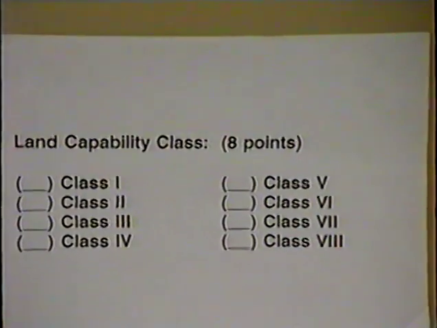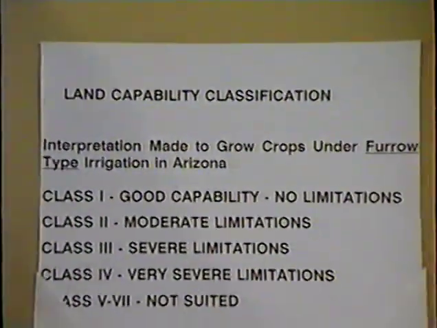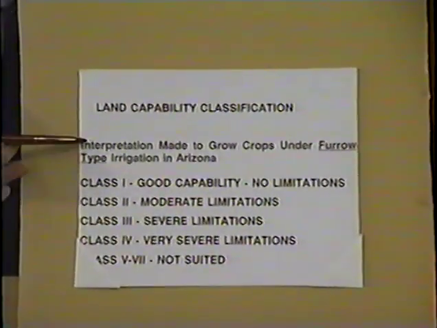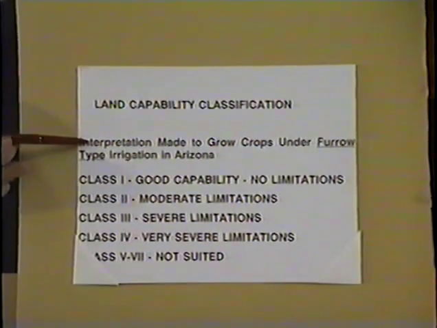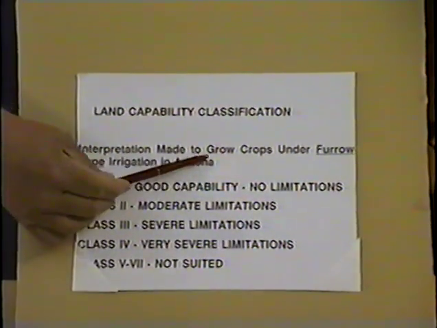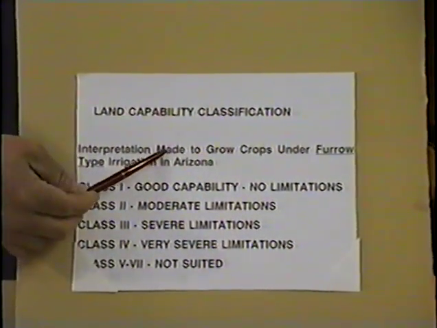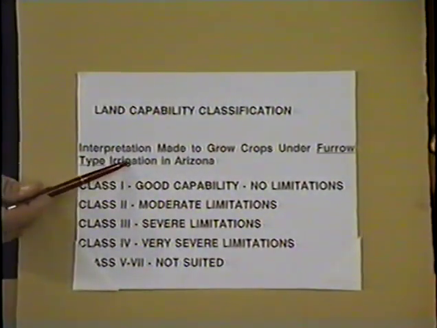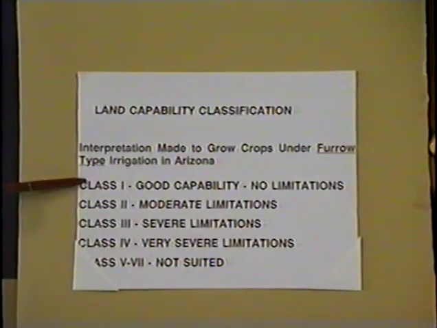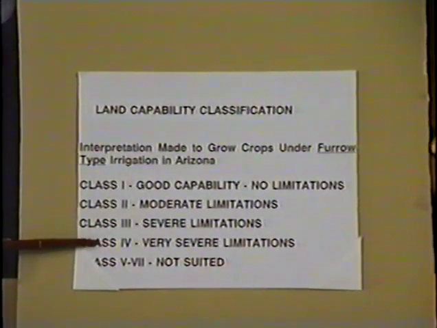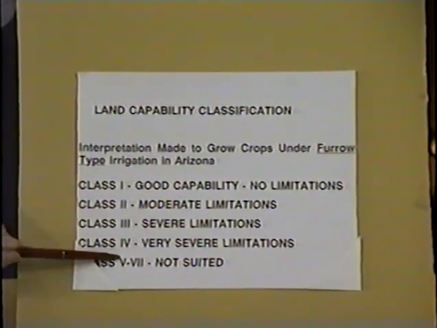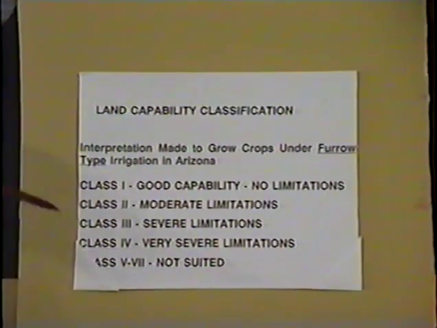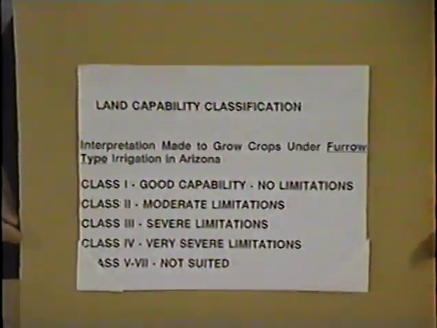So we need to make a decision about the land capability class, an interpretation about the land made to grow crops under furrow type irrigation in Arizona. We have classes 1 through 4, and 5 through 8, which are not suitable for cultivated land here.